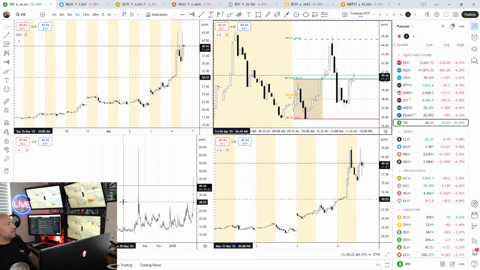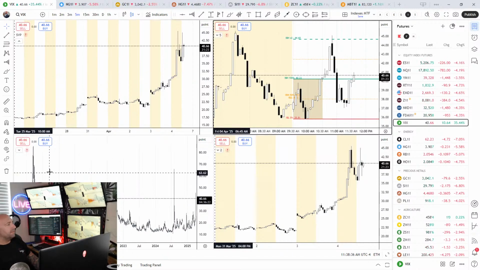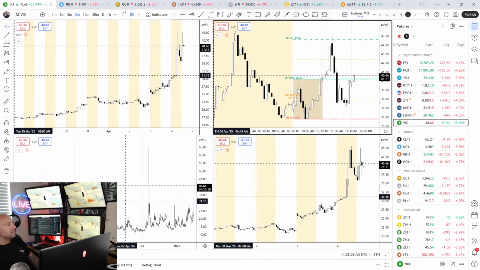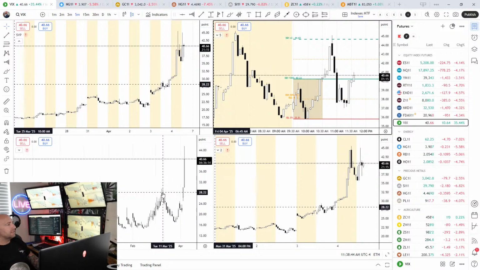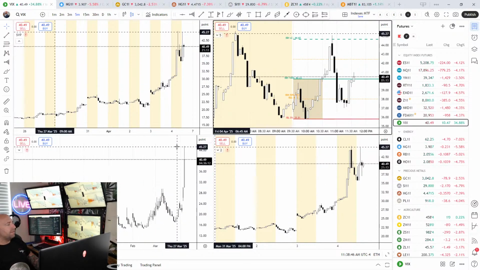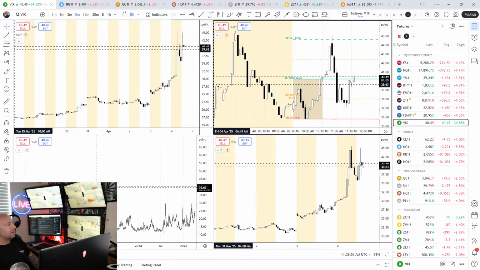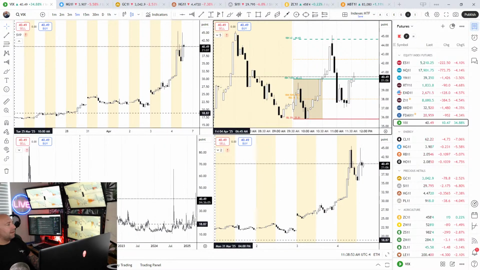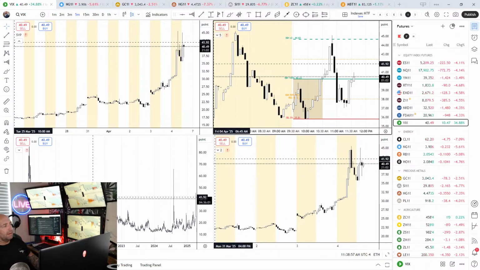We might be close to... This is COVID. Look at that. So this is a serious spike in the VIX today, guys. Look at this, 45. Higher than any VIX reading we saw in 2022 during that bear market.